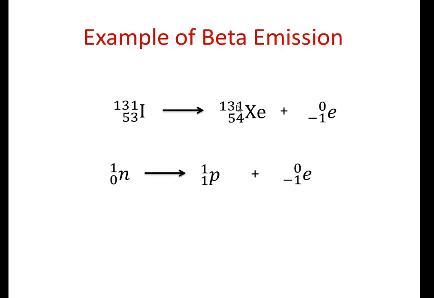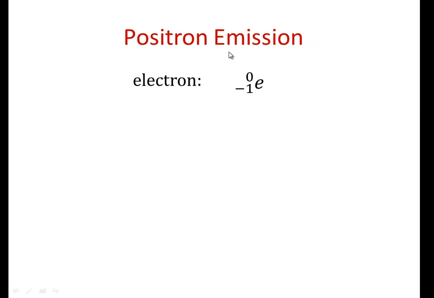Even though I spoke about gamma radiation, there's not really a nuclear reaction that you can write for gamma radiation. You just need to know it's very high energy. But there's one other type of emission that I want you to know about, and that's called positron emission. What's a positron? We haven't really talked about that. Well, okay, here's an electron, and here's the symbol for the electron.